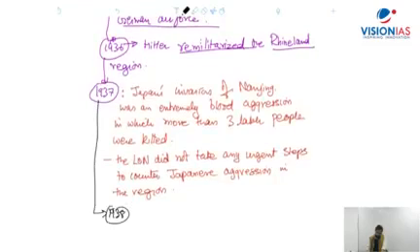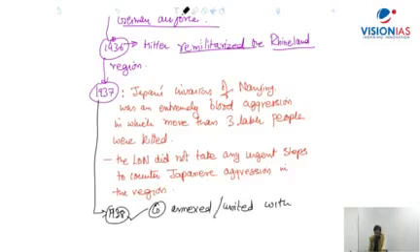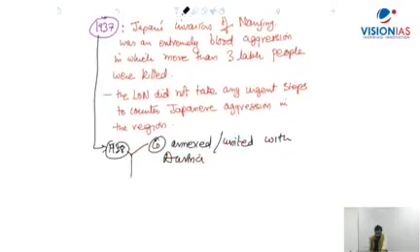By 1938, you see, Germany annexed or united with Austria. This is also a violation, right?